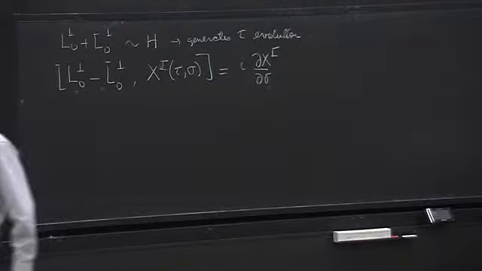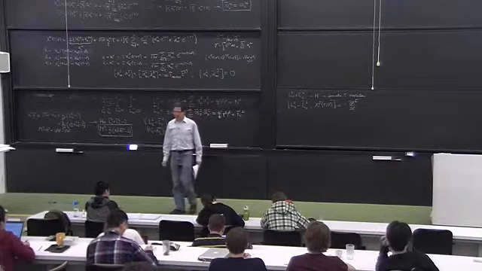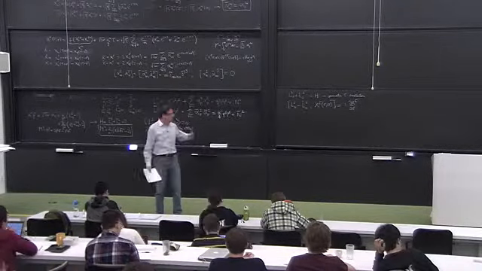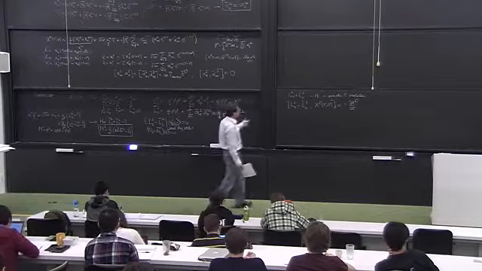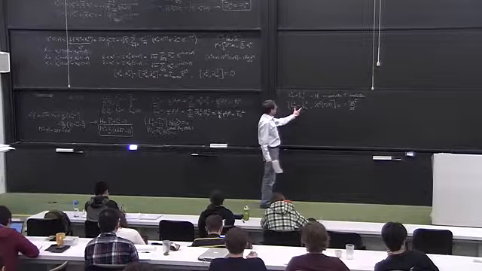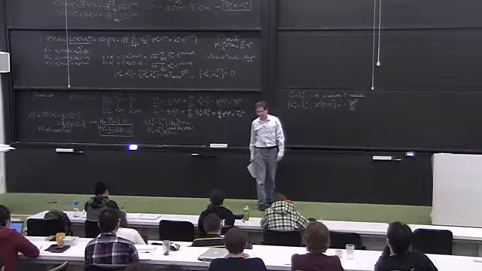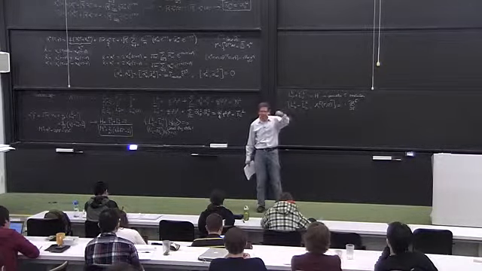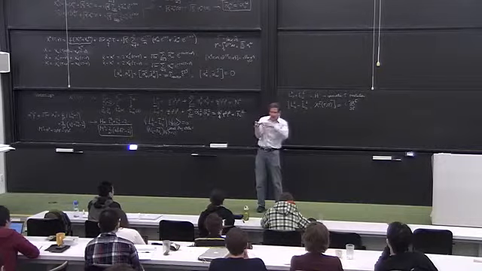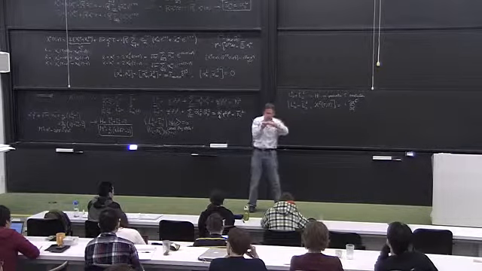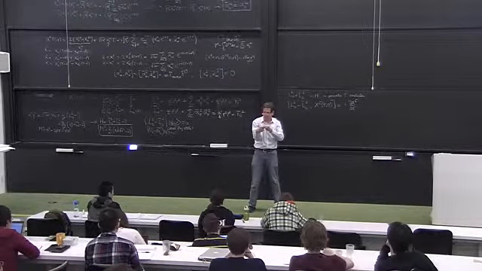What is it saying? The statement that this L0 minus L0 bar generates sigma translations, but it kills all states, states that all physical states are invariant under constant sigma translations.